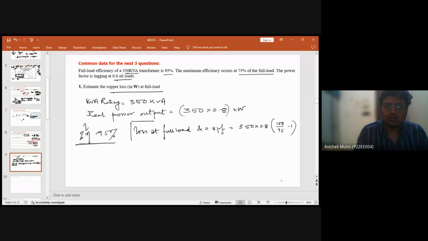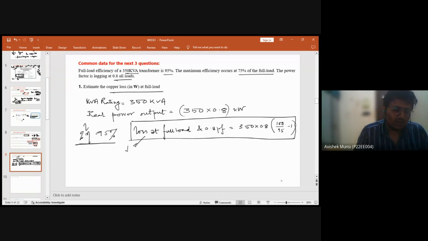So this is the loss at full load and 0.8 power factor. This is basically the iron loss plus copper loss.